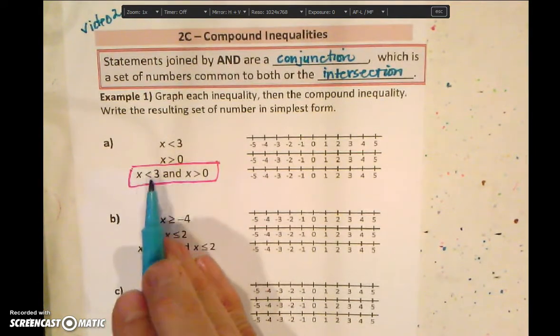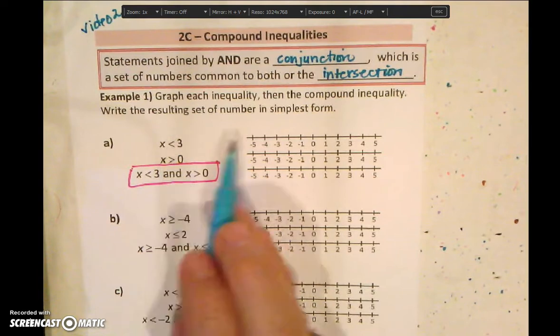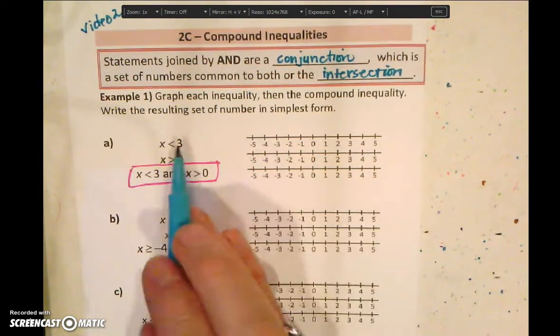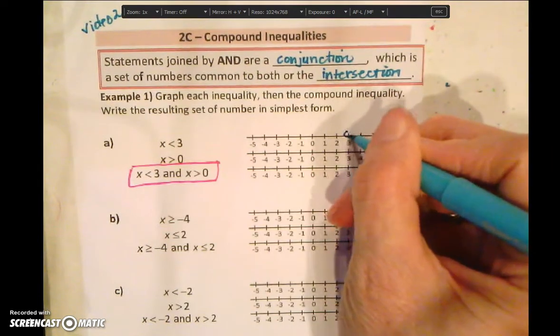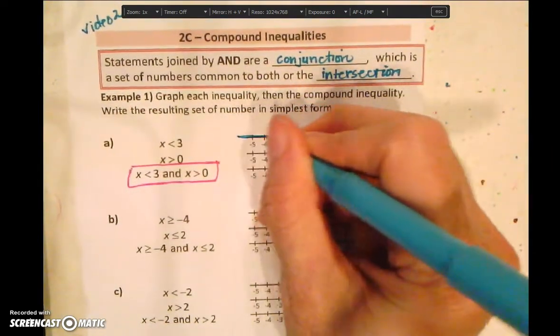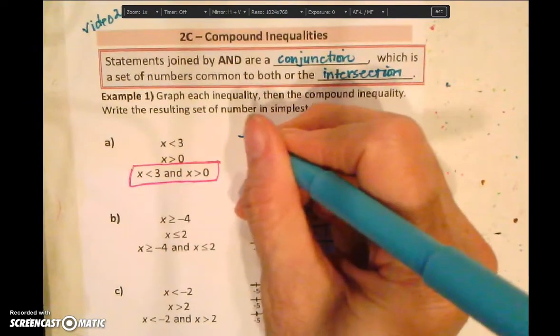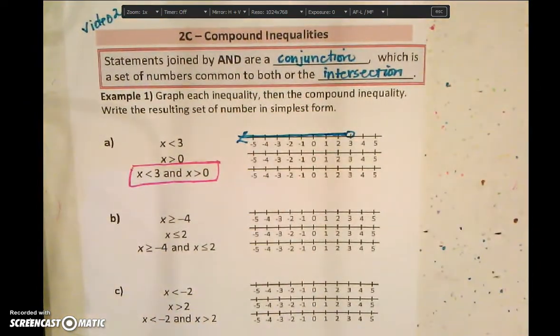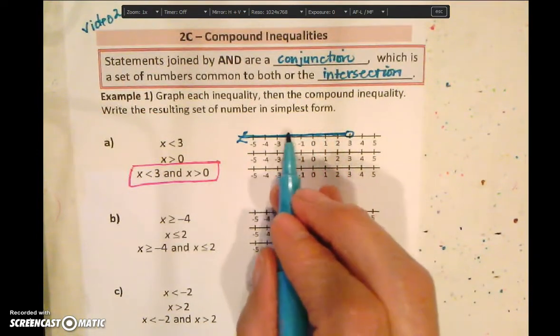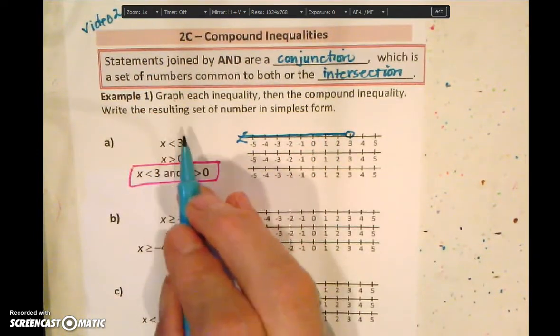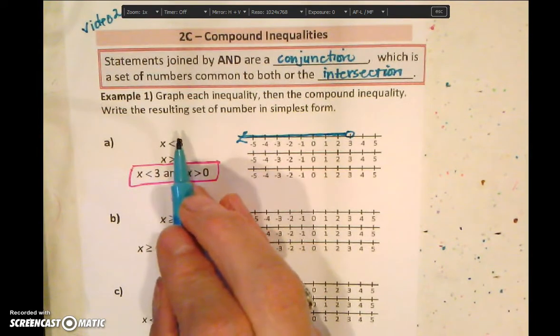So I'm going to take the x less than 3 here, and I'm going to take a look at the numbers that are in this set. So x less than 3 actually represents all of these numbers here, and I'm going to draw the blue line there that represents it. So every number covered by this blue line are in this set of numbers less than 3.